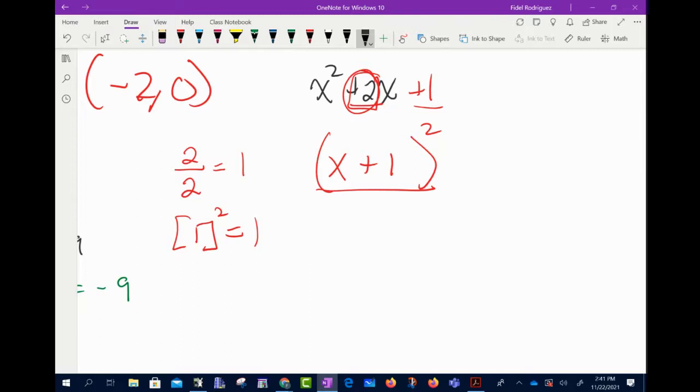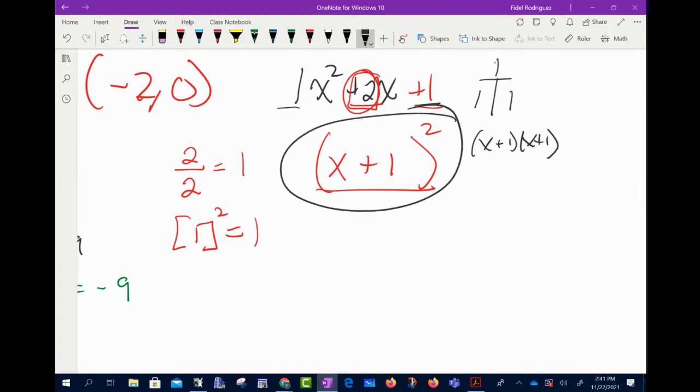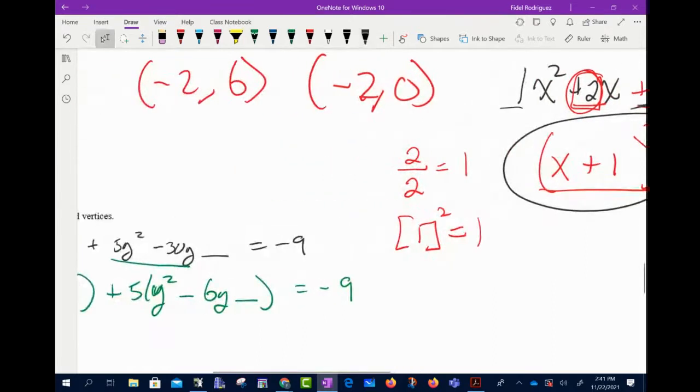Don't just trust me that I'm telling you the truth, right? But remember, you could do this on your own. You could say, look, remember, the number in front of the x squared is now 1. What's 1 times 1? 1. What two numbers multiply to 1 and add up to 2? 1 and 1. And remember what that means. That means you would write x plus 1 and x plus 1, which is the same thing as x plus 1 squared, right?